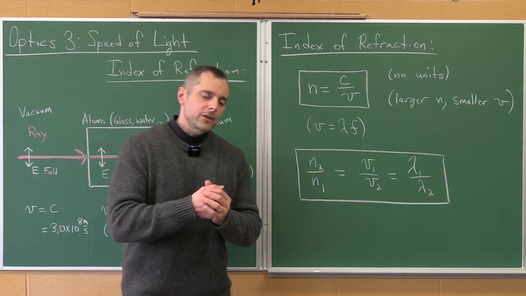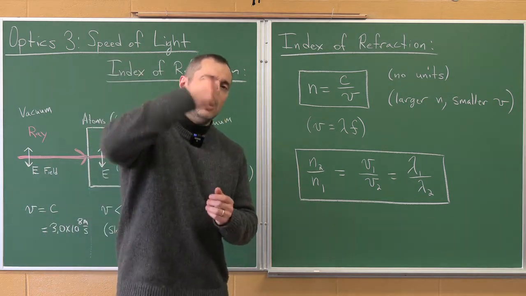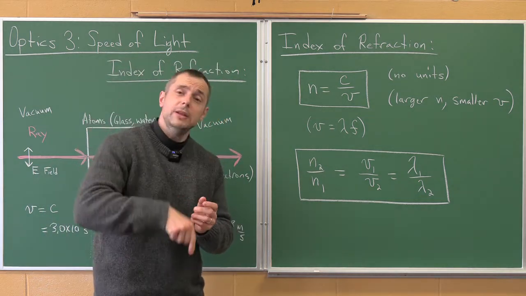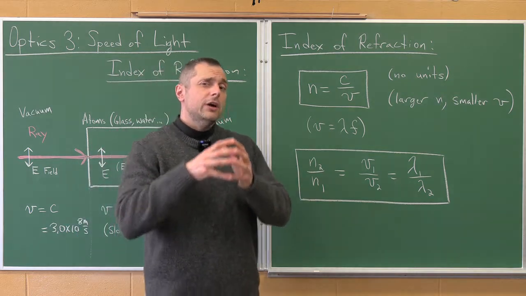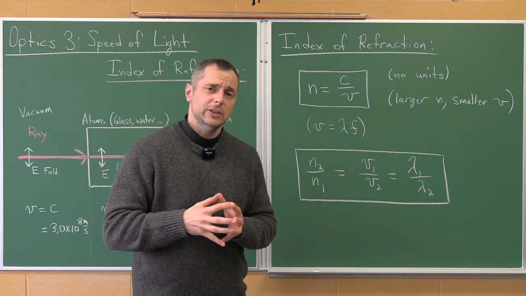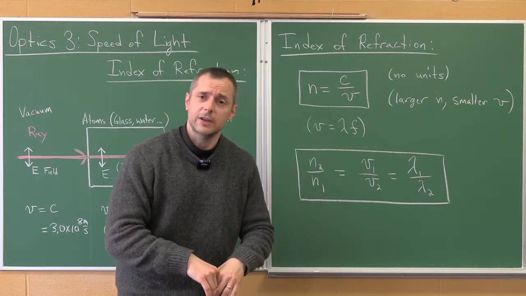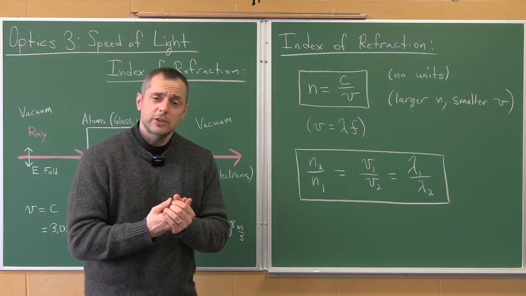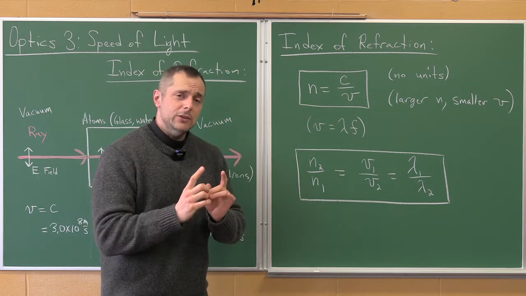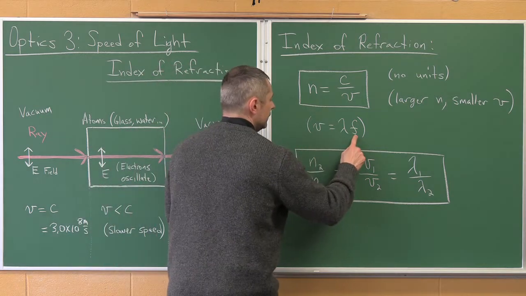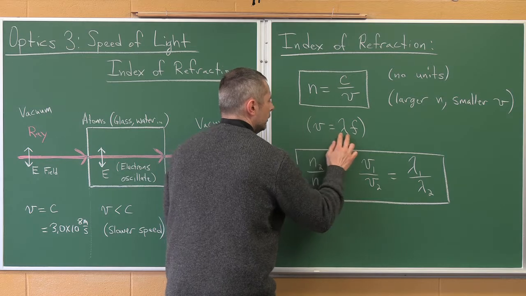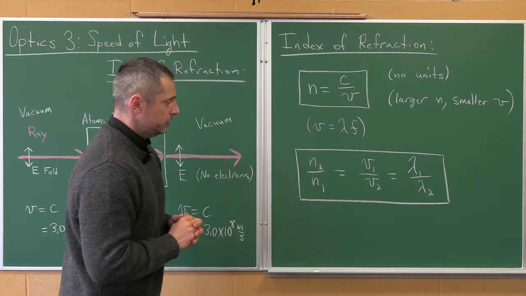The reason is that if the electric field is oscillating up and down, the electrons are going to oscillate at the same frequency as the electric field. When they're propelled up, they move up. When they're propelled down, they move down. So the frequency doesn't change. That means if this stays constant, when this gets smaller, this also has to get smaller.